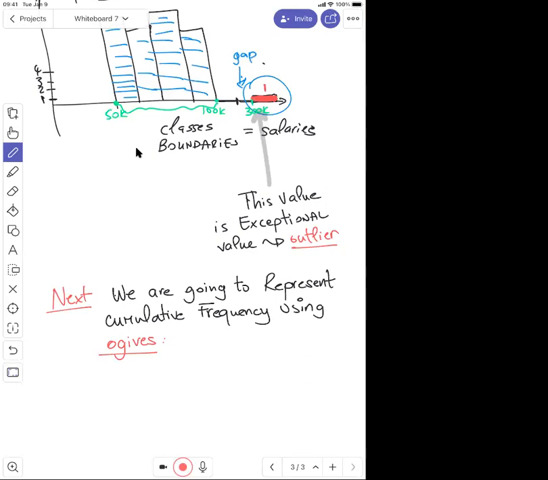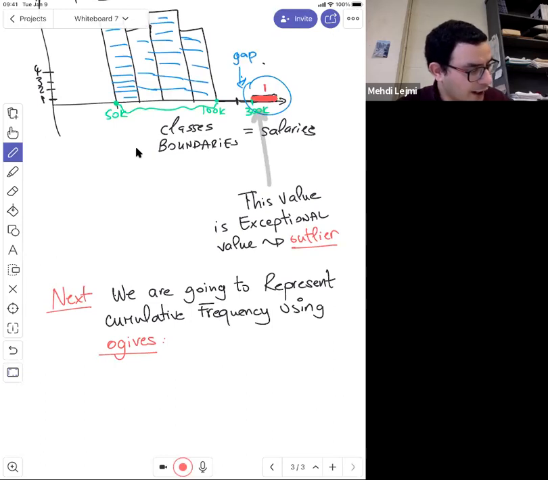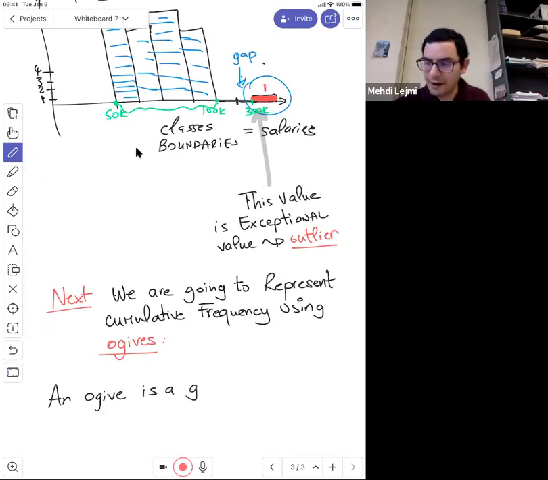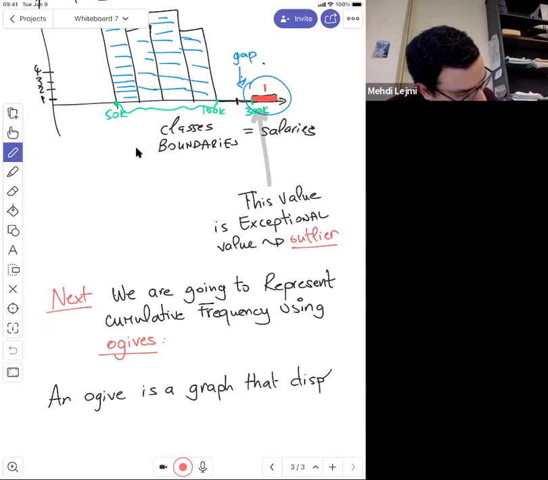All right. So what's an ogive, guys? An ogive is a graph that displays cumulative frequency.